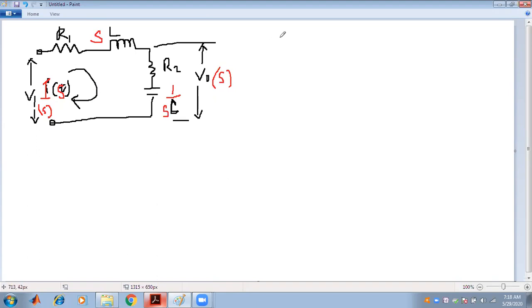So what is the value of IS? First, we will concentrate on the value of IS. IS is the voltage difference between those two points, that is V1 minus V0, divided by R1 plus SL.